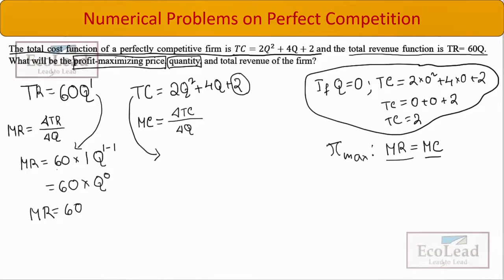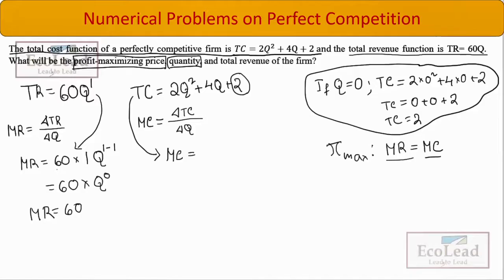So here MC will be equal to, remember here we are taking the derivative with respect to Q. So the terms that are associated with Q, only those terms we will take the derivatives. Rest of the terms we will not consider. If it is not associated with Q, we will consider the term as constant.